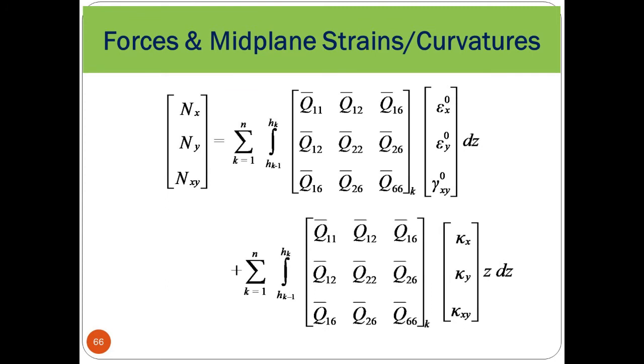And once again, let me remind that equation, which was epsilon x, epsilon y, gamma xy equals epsilon naught x, epsilon naught y, gamma naught xy, plus z times the curvatures kappa x, kappa y, and kappa xy.